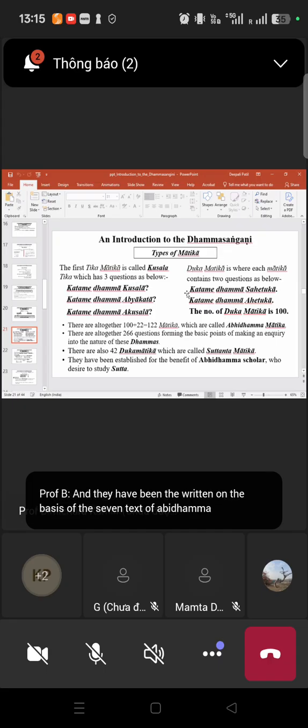So anyone who does not have time can go through the ultimate reality, that is the Chitta, Rupa and Nibbana. The Abhidhammatthasaṅgaha was composed by Acharya Aniruddha in the 11th century AD. So it was called a classical manual of Abhidhamma text.